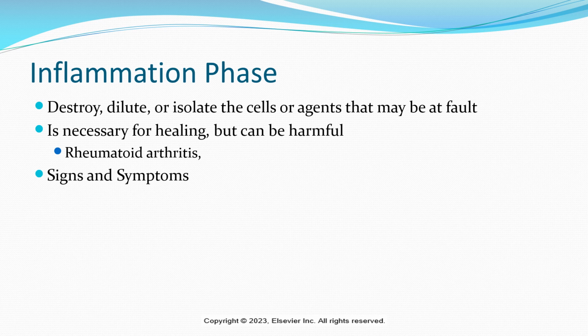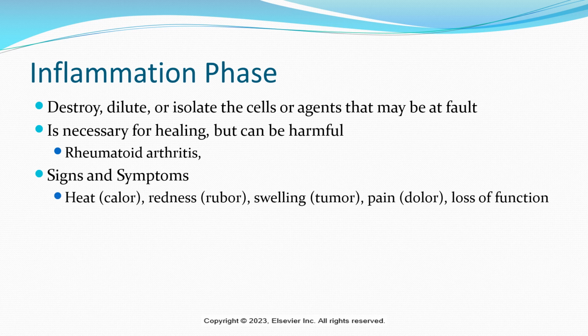It's important to remember that inflammation is important and necessary for healing. We need to go through this process in order to have normal healing, but it can be harmful in certain instances, like when we see rheumatoid arthritis and some of these other common autoimmune or inflammatory pathologies.